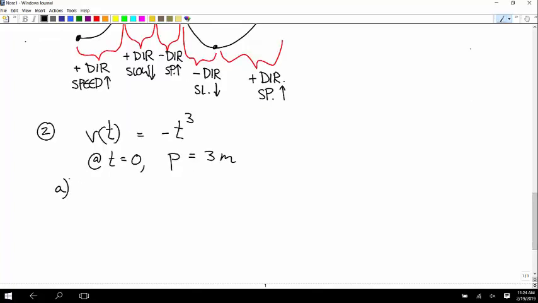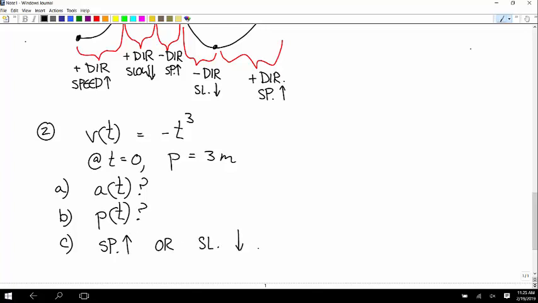And we want to know first, what's the acceleration as a function of time? Second, what's the position as a function of time? And third, is it speeding up or slowing down?